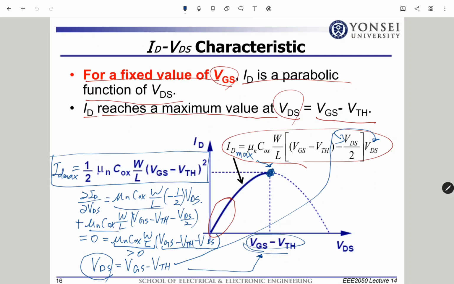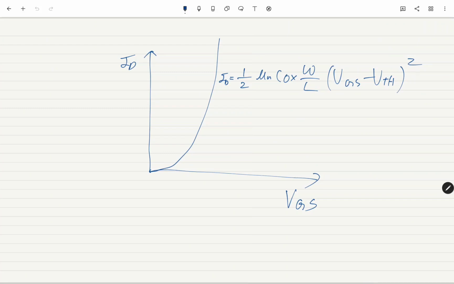There are two types of curves, and it is very similar: IC versus, in this case, VCE. What about here? In the BJT, IC versus VBE is exponential. But here, ID versus VGS is a quadratic relation.